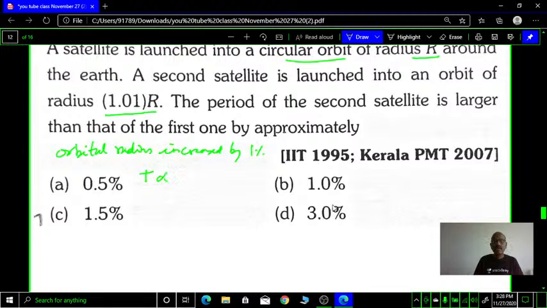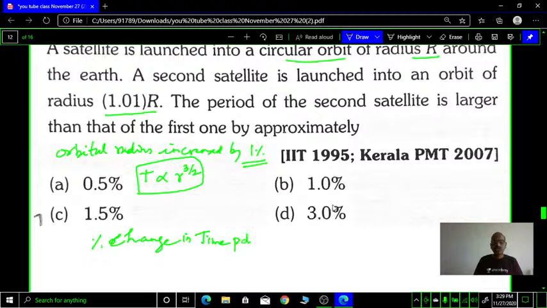According to Kepler's third law, T is proportional to R to the power 3 by 2, remember? We know Kepler's law, T square is proportional to R cube, so T is proportional to R to the power 3 by 2.